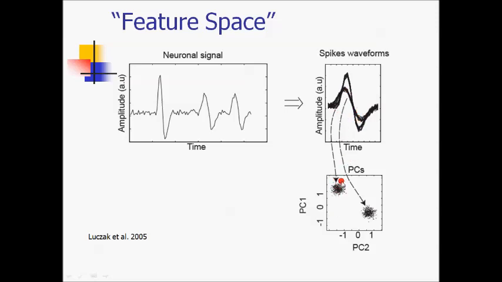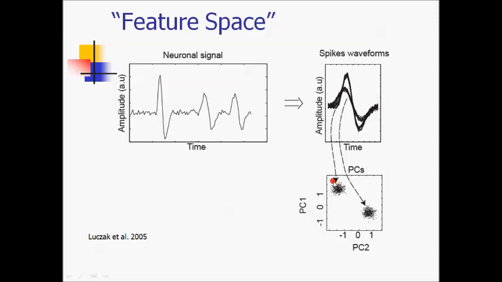So now you can see those two clear clusters, and it is really easy to draw a border between those clusters and say that all those spikes here belong to one neuron, and those spikes here belong to the second neuron.